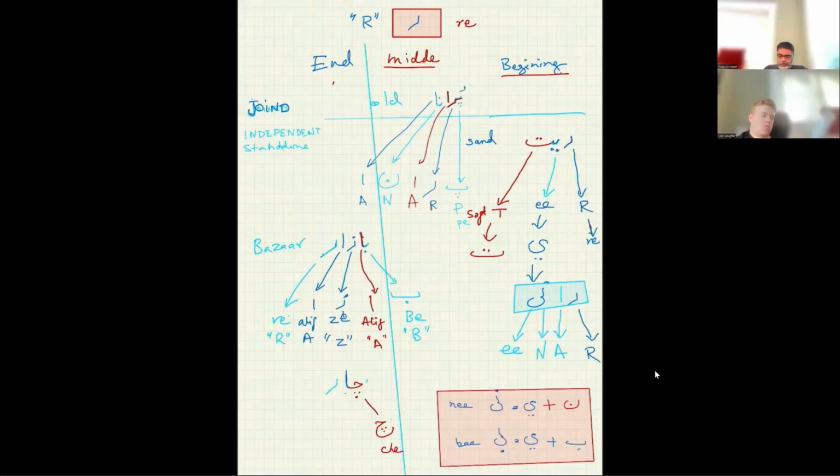And we got the Aleph right here. And then we have the independent form of the R. Again, this is Re, and this is Aleph. Char means four. So I'm going to write Char again. Char, Char, R. That's how they teach it in schools. They go Char, R, Char.